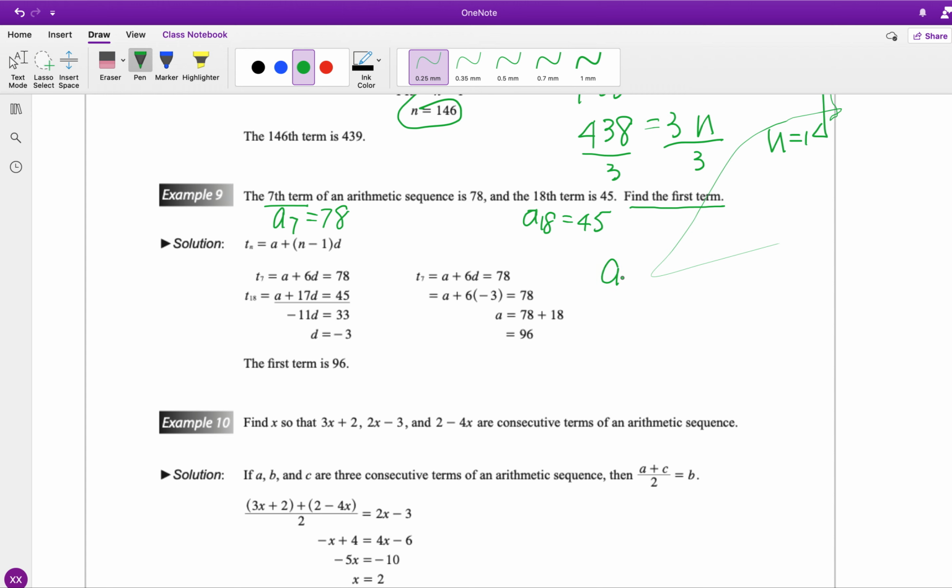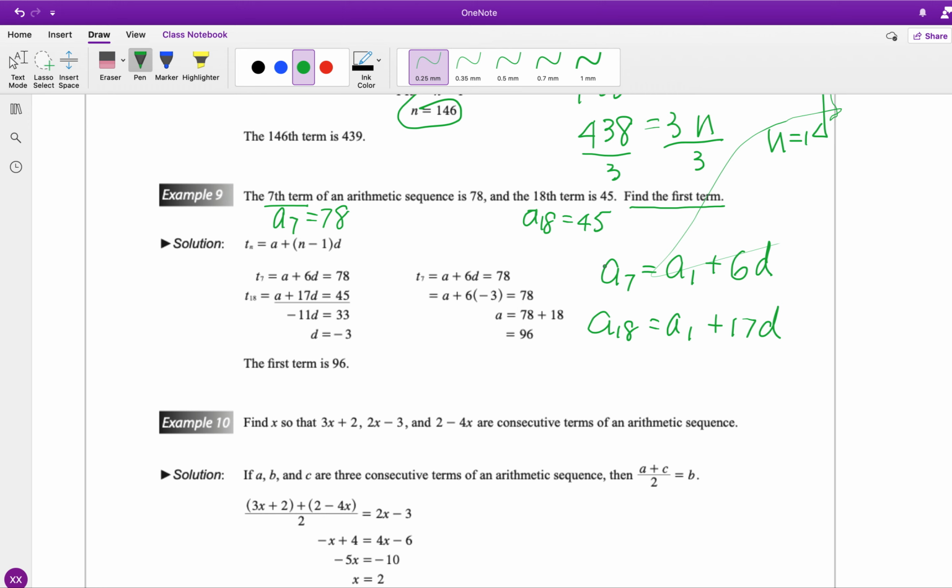So in this case we can write this out. A7 should be A1 plus 6D, right? Because 7 subtract 1 is 6D. Now A18 should be A1 plus 17D, because again 18 minus 1 is 17D.